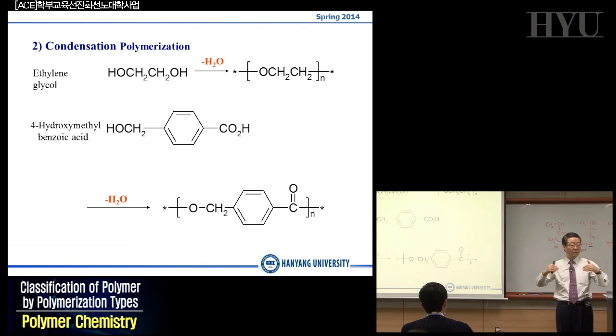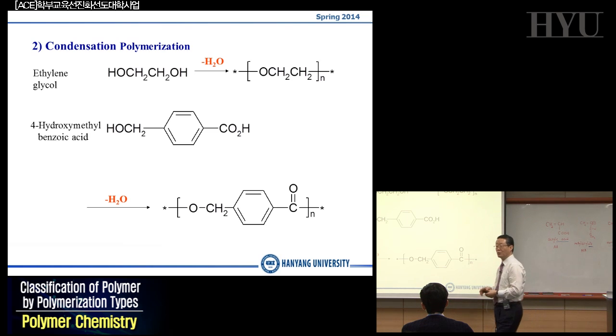We have many types of polyesters: PET, PBT, PPT. Anyway, you have a condensate, so that polymerization is called a condensation reaction.